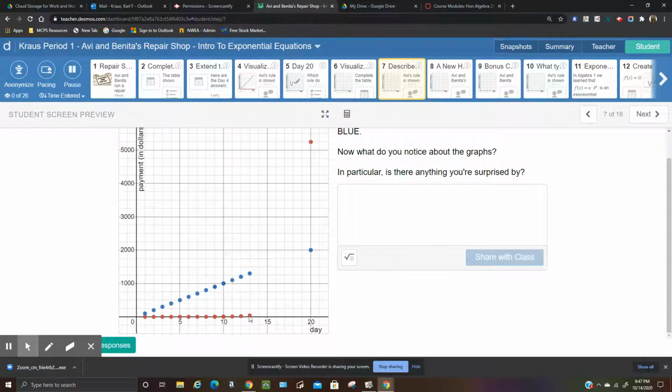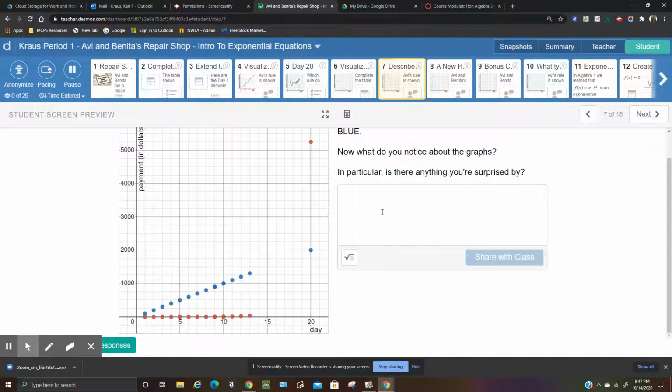So now I can see that even though the scale here is 250 on day 20, Avi's up here and Benita is still linear there.